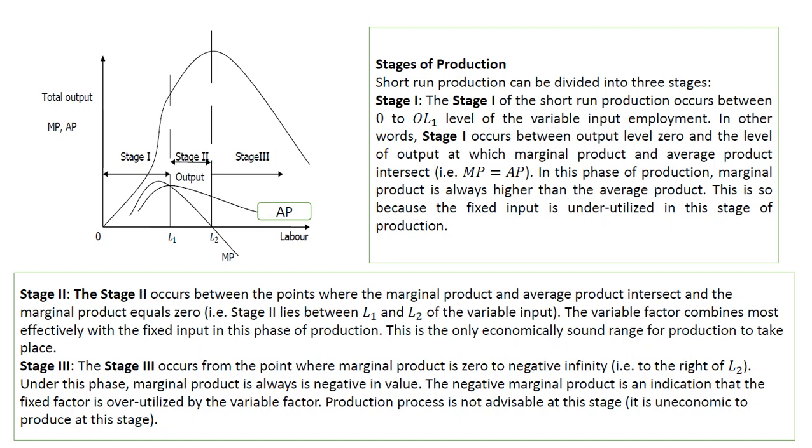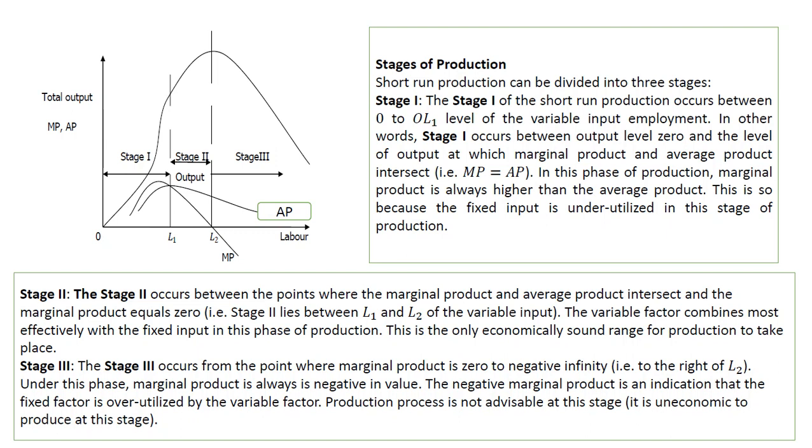In this diagram, they intersect when the labor employed is L1. So from labor employed 0 all the way to labor employed L1, where the curves intersect, that range is what we call stage 1 of the production process.